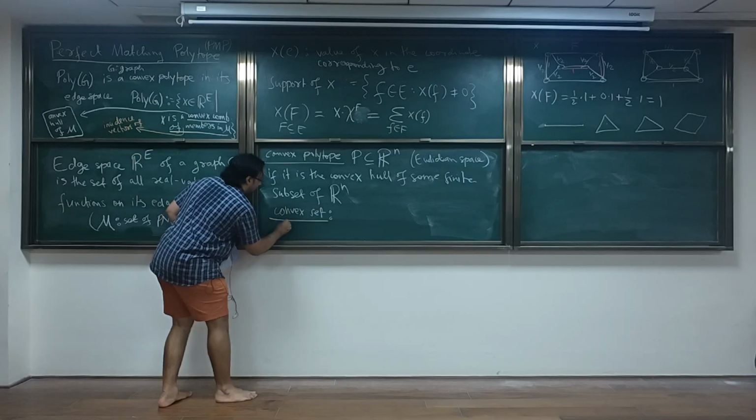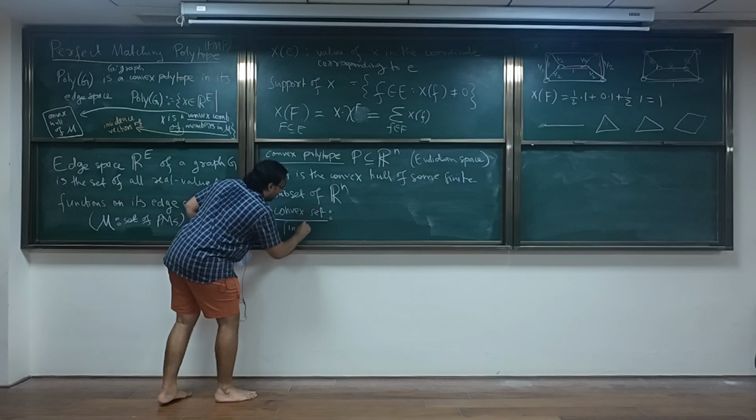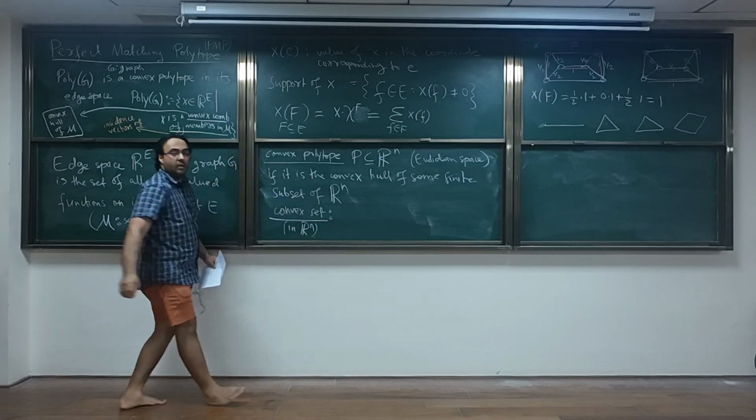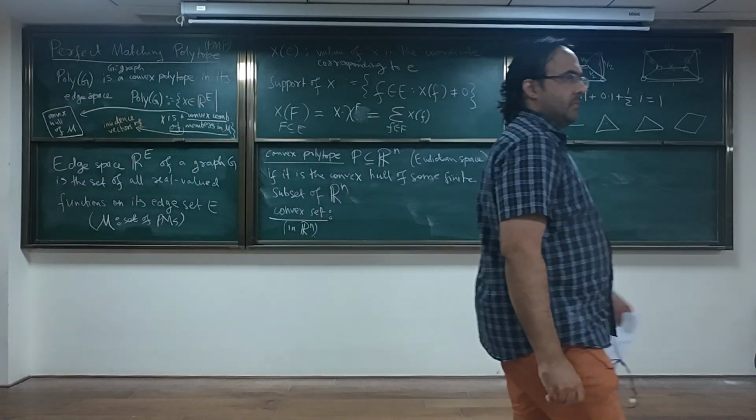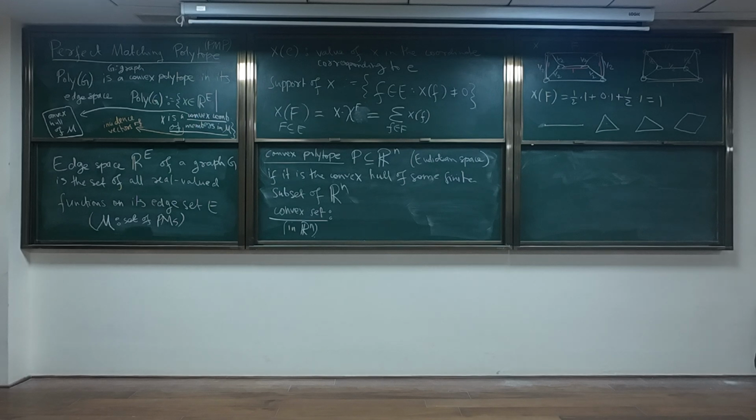You can think of the set being in Rn, if you like. Anybody? What's a convex set? If it is closed under taking convex combinations.